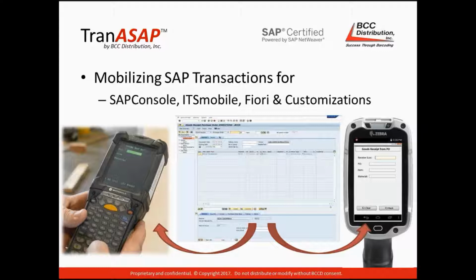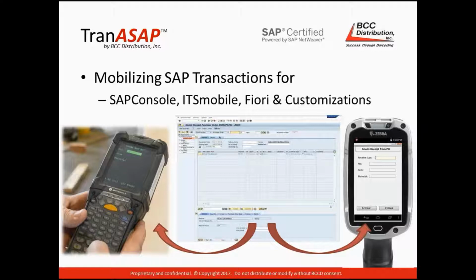Okay, so starting with a quick, and again, I'm going to keep it brief. I've spent more time on the first 2 slides than I probably should have already, but for those who are not familiar with BCC Distribution, we are headquartered in Canton, Michigan, which is just outside of Detroit. We've got offices in Chicago, Illinois, Cleveland, Ohio, Dallas, Texas, and Denver, Colorado areas.